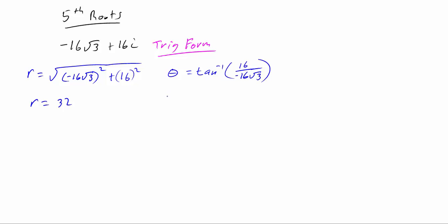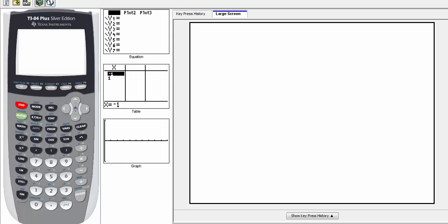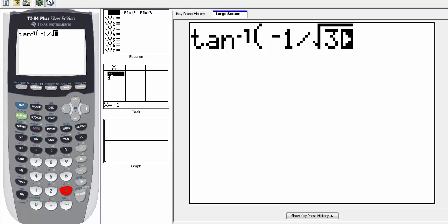So we could actually simplify this first. This would be the inverse tangent of, the 16s would cancel out, so that would be negative 1 over the square root of 3. Therefore, if we go to the calculator, we would go second tangent, negative 1 divided by the square root of 3.